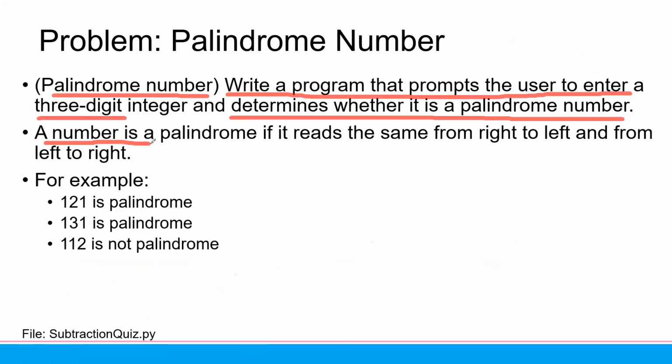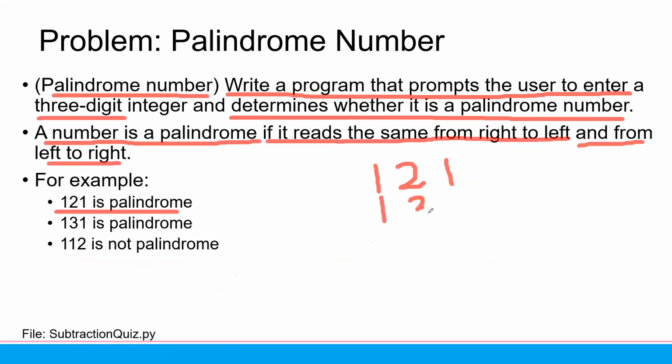A number is a palindrome if it reads the same from the right to the left and from left to right. So, for example, 121 is a palindrome because you can read 1 and then 2 and then 1. 131 is also a palindrome. 112 is not a palindrome.